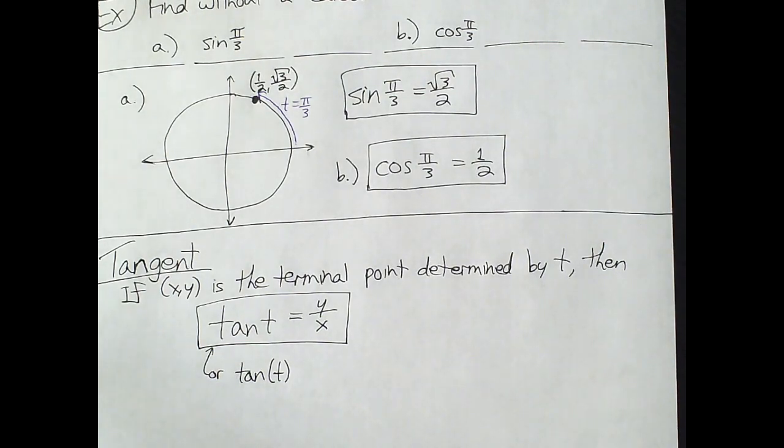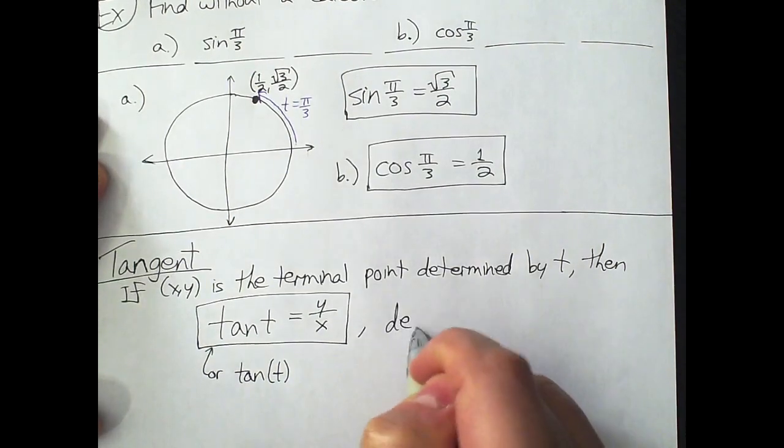Now, how can you remember which one goes on top? One way to remember is that it's a little bit like the formula for slope. When you do the formula for slope, you have the y's on top, the x's on the bottom. I don't know if that helps or not.